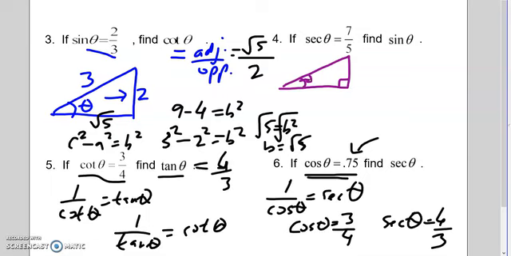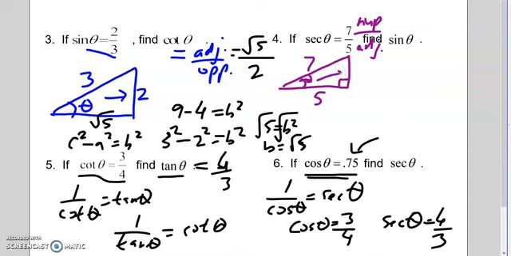So this is hypotenuse over adjacent. It's a reciprocal of cosine. So cosine is adjacent over hypotenuse. So my hypotenuse is 7, my adjacent is 5. I don't have that missing side, which I really need to find sine, right? That's going to be my opposite that I need to find the sine.